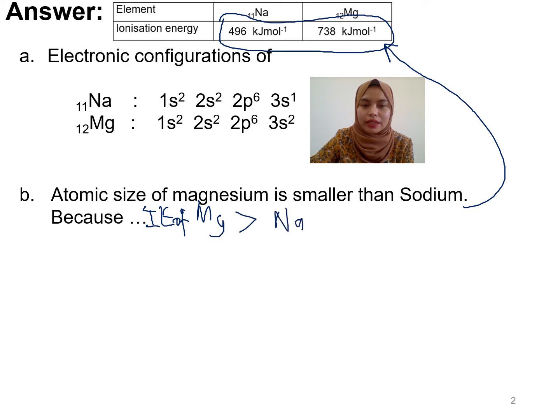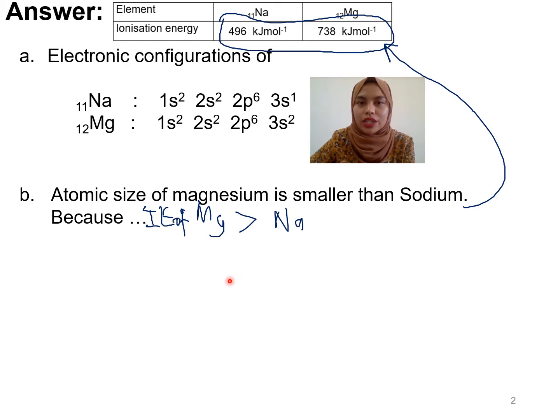So there's a reason kenapa ionization of Mg is more than Na. Okay, ionization energy is all about apa? Tadi Miss cakap, is all about kesenangan atau kesusahan untuk kamu remove elektron dekat valence elektron. And untuk tahu susah ke senang nak remove elektron dekat valence elektron, you kena depends pada apa?